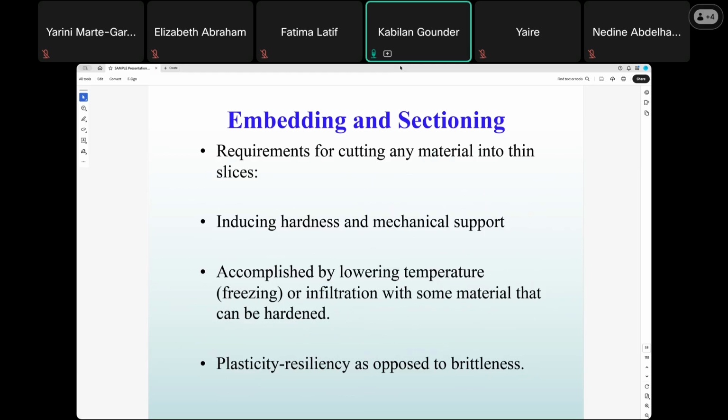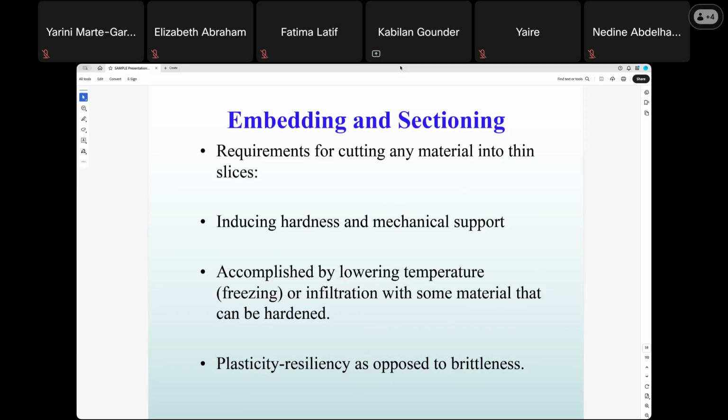At home, when you cut vegetables or tomato or anything, you can hold it with your hand and take slices, and no need to worry about every cut being the same thickness.